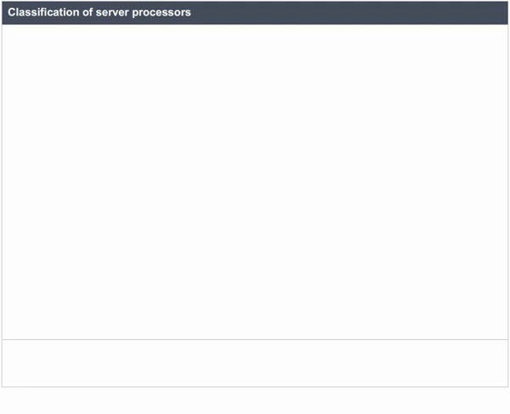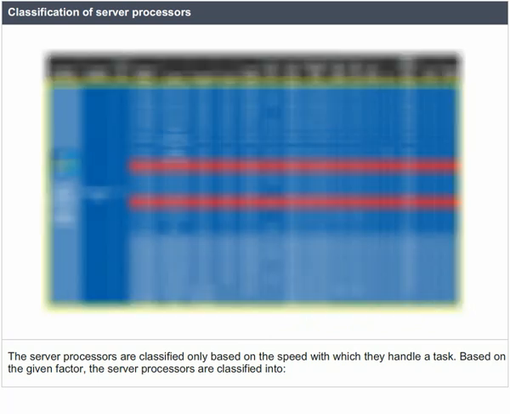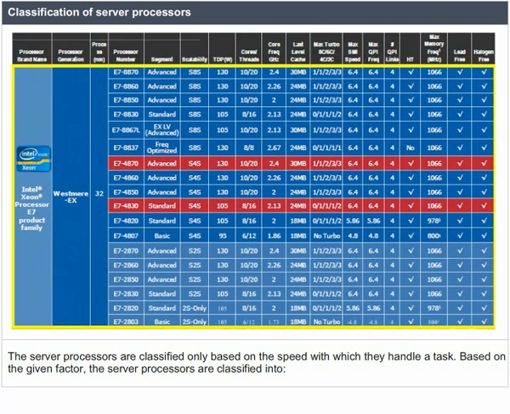Classification of server processors. Though the architecture of the processors plays an important role in determining the performance of a processor, the server processors are classified only based on the speed with which they handle a task.